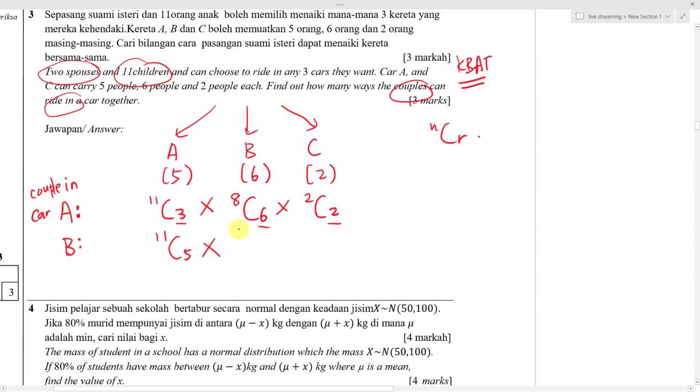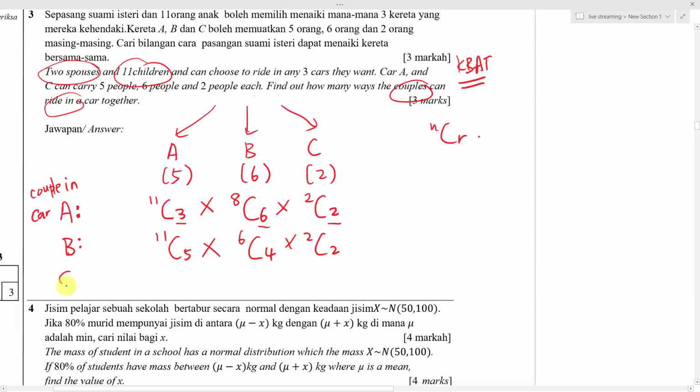After I choose 5 for car A, I still have 6 children left, so I choose 4 for car B. Then the last 2 children I put in car C. Alright, this is when I put the couple in car B.